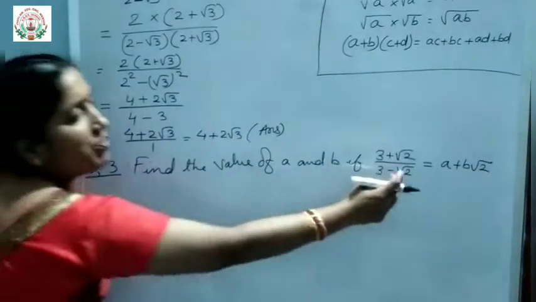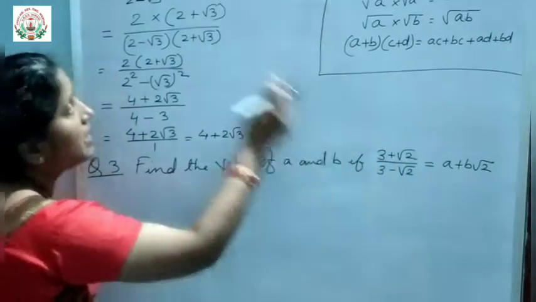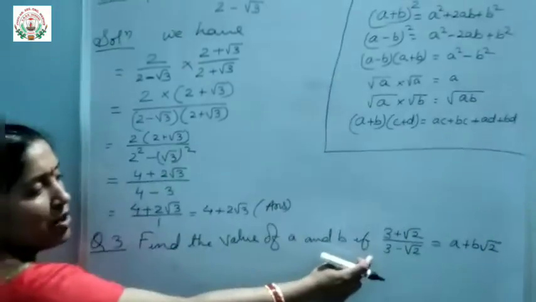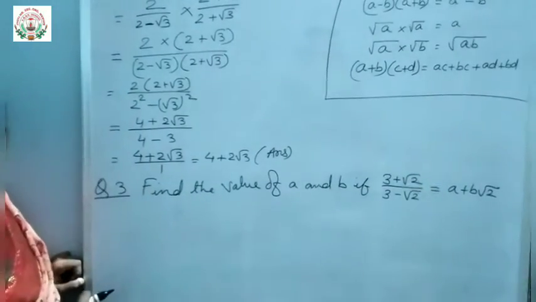Okay, so now you have to find, this is the number given. So you have to solve this part like the same one. Okay, you have to solve and then you have to find the value of A and B.